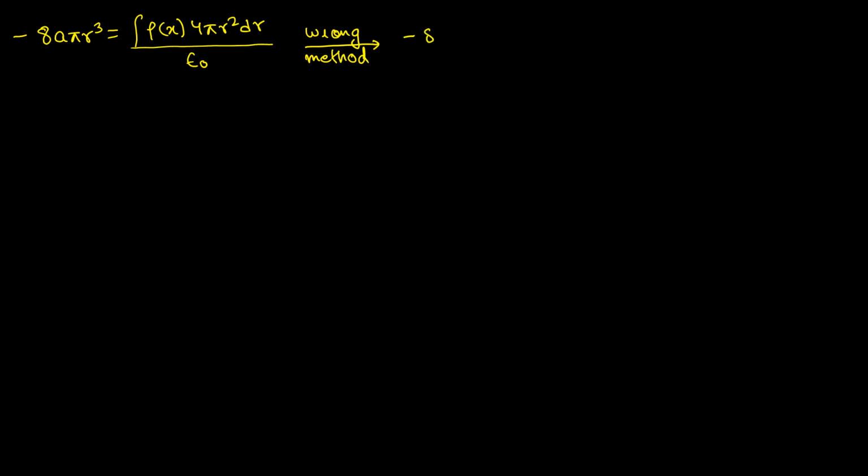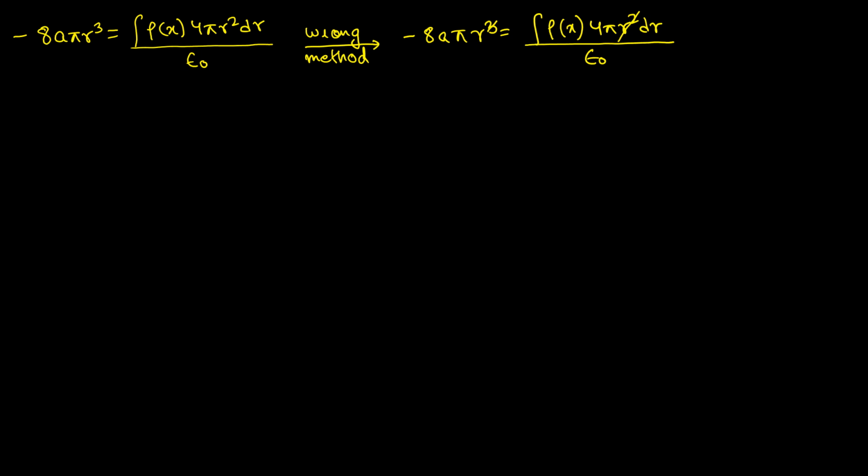So minus 8a pi r cube equals rho x 4 pi r cube dr by epsilon naught. So r square. It was r square, no? It's out here, r square. So r square and r would get cancelled.